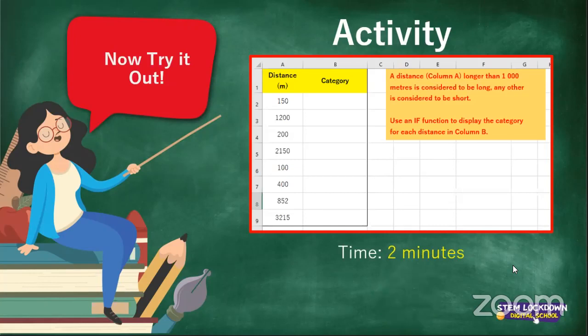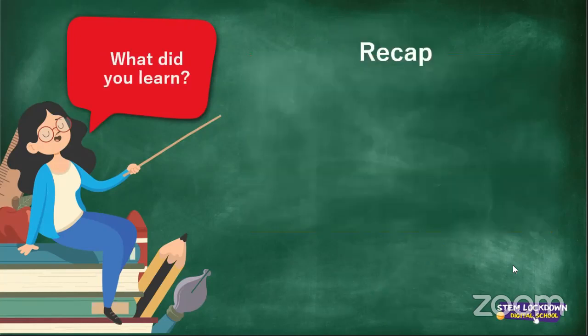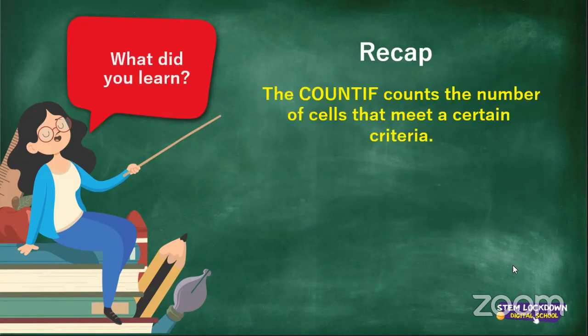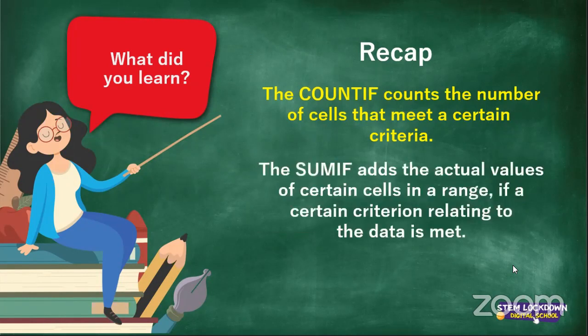All right. Now, just to recap quickly, what the COUNTIF does, it counts the number of cells that meet a certain criteria. The SUMIF adds the actual values of certain cells in a range if a certain criterion relating to the data is met, like we did for the grade 10s, grade 11s.